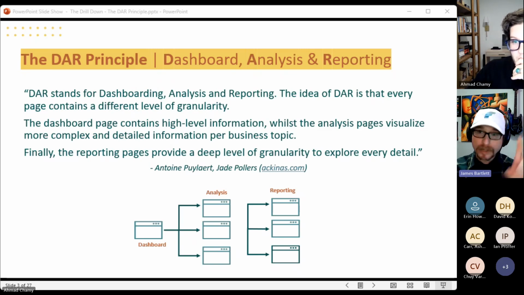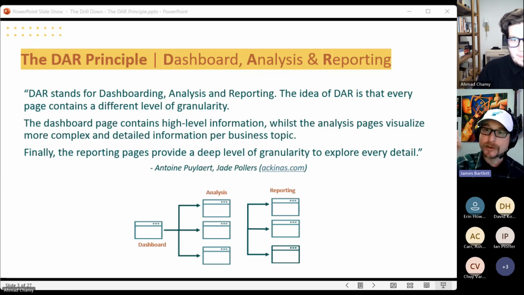When you get to what is called reporting pages in this context, that's where you start seeing things like tables, where people who are familiar with the older school methodologies of reporting, things like SSRS or Power BI paginated reports, where the idea is just dump all the data on a table and let the users look at the individual values there.